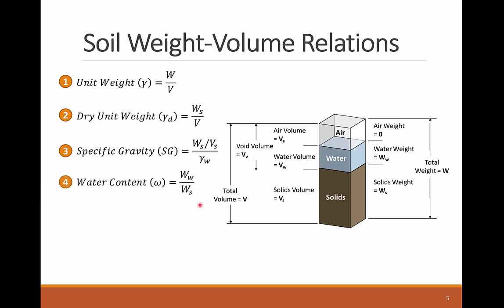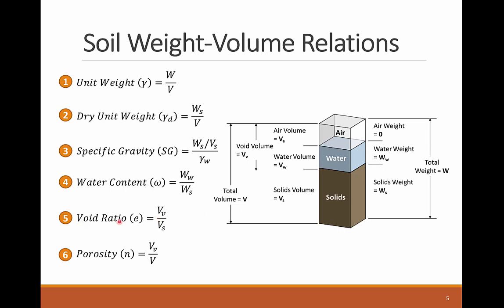The fourth relation quantifies the water content of the soil as the ratio between the water weight, WW, and the solids weight in the soil sample, WS. A dry soil sample will have a 0 water content value. The fifth and sixth relationships are used to quantify how porous or spongy the soil is.